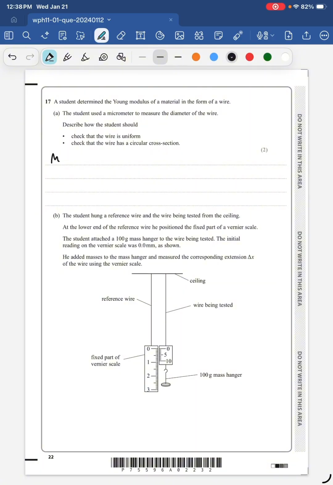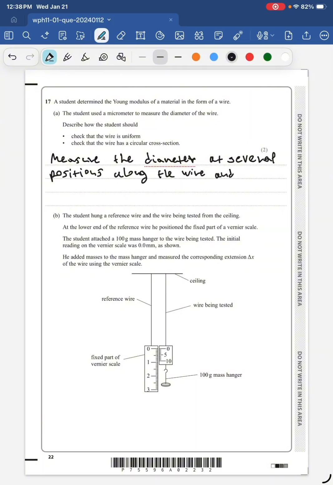Okay, so the answer is that you can measure the diameter at several positions along the wire and at several orientations.